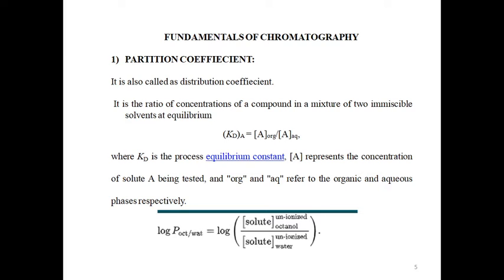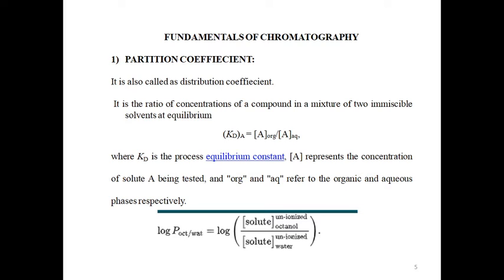Now benzoic acid, which is more of an organic acid, gets distributed more in the organic layer, that is the benzene layer, and gets less distributed in the aqueous layer. So this scenario speaks about how benzoic acid is getting distributed between benzene and the aqueous phase, which is water.